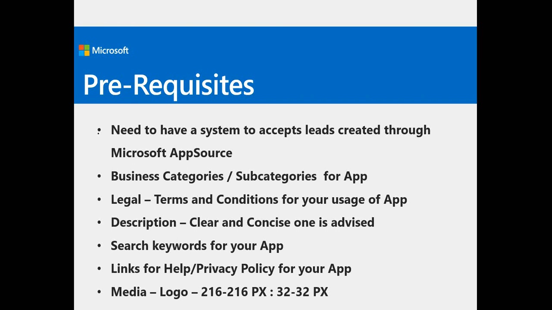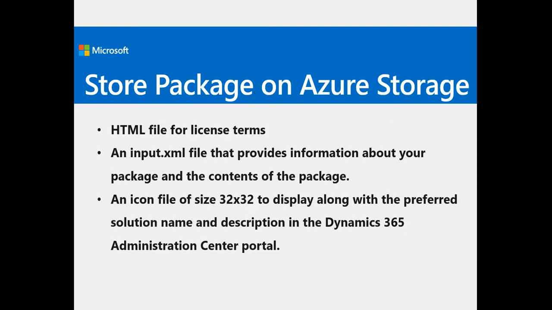The logos in two sizes, one of 216 pixels and another of 32 pixels. An HTML file which we created in our package can be used here to share the license terms and conditions, the input.xml, and an icon file of 32 by 32 pixels which would be shown in your Microsoft App Source.